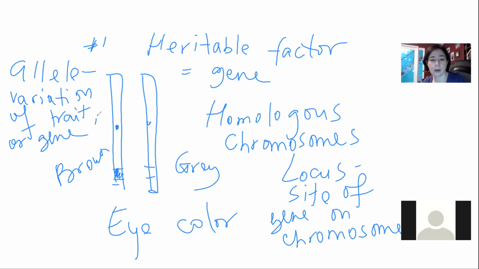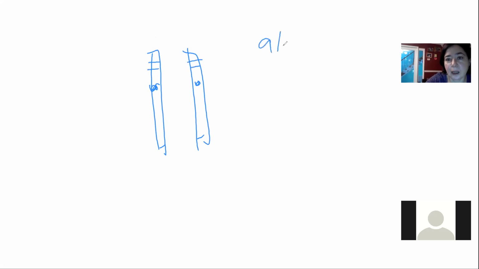An allele could be for brown color, an allele could be for gray color. And if we talk about pea plants, an allele for purple, an allele for white. So locus, locus, allele variation.